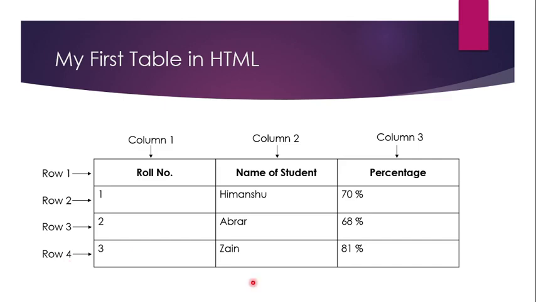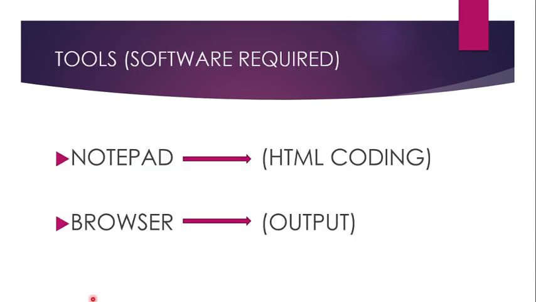We are going to create this table in the web page. The tools required, that is the software that you need, are Notepad, where you will write the HTML code, and for executing the output you need a browser. It may be Microsoft Edge, Internet Explorer, Google Chrome, any browser for seeing your output on the screen.